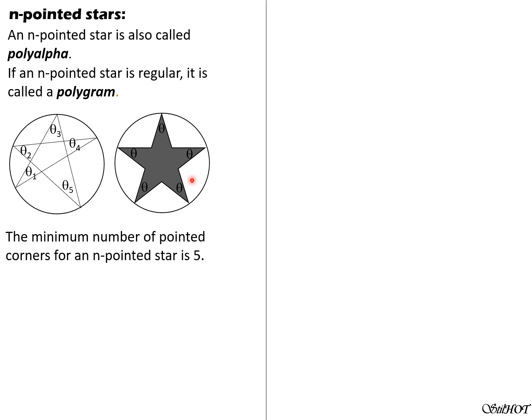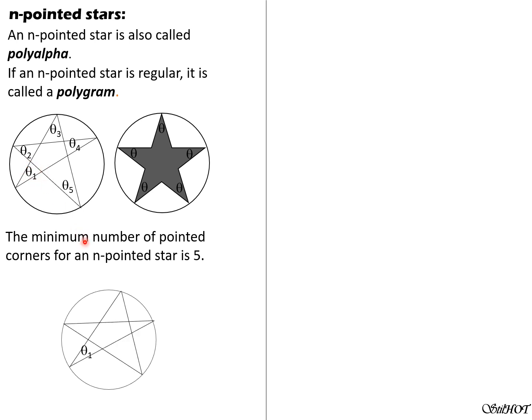n-pointed stars or polygrams. To derive, we use the concept that an inscribed angle, or peripheral angle, if it subtends an arc such as this through theta 1, the central angle correspondingly measures double that angle.